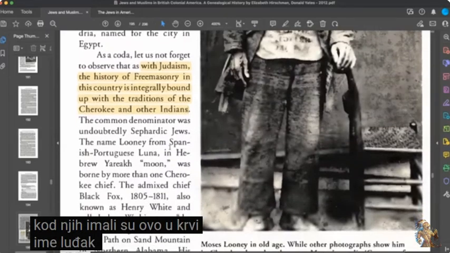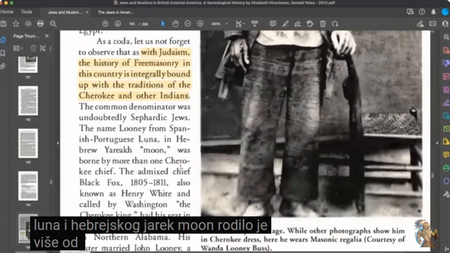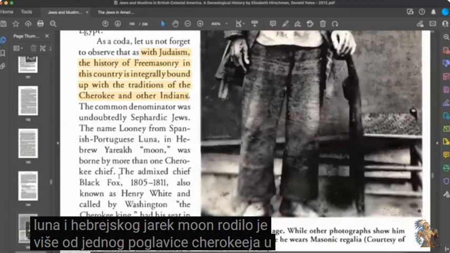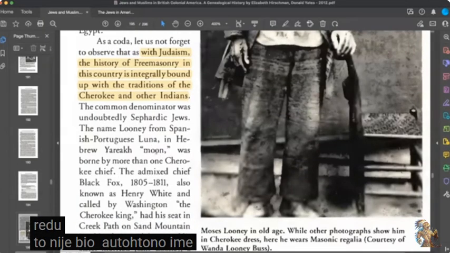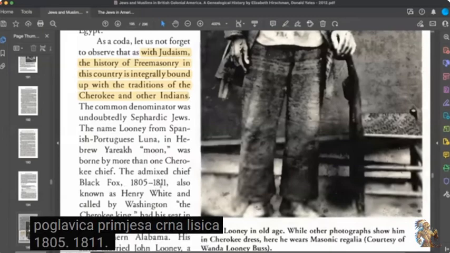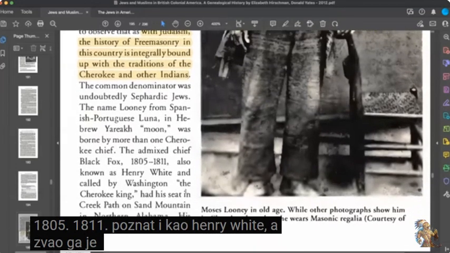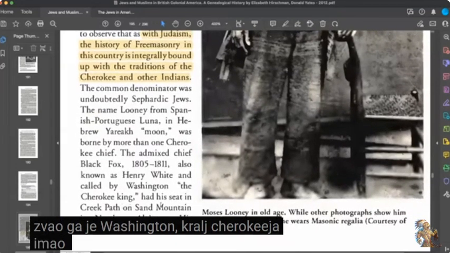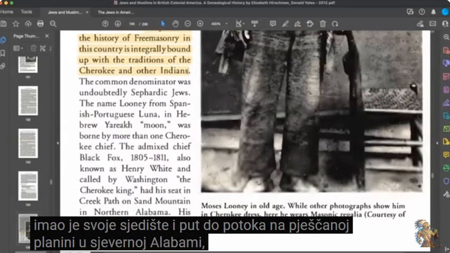The name Luni, from Spanish Portuguese luna and Hebrew yareach, moon, was borne by more than one Cherokee chief. All right? That was not an indigenous name. The admixed chief Black Fox, 1805-1811, also known as Henry White, and called by Washington the Cherokee King, had his seat in Creek Path on Sand Mountain in northern Alabama.